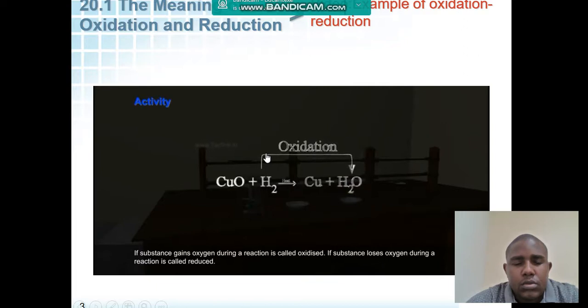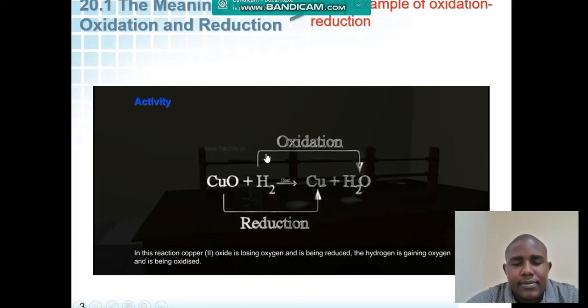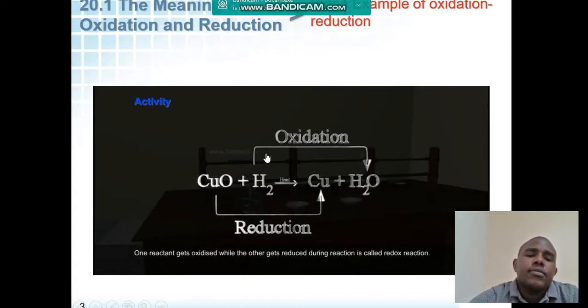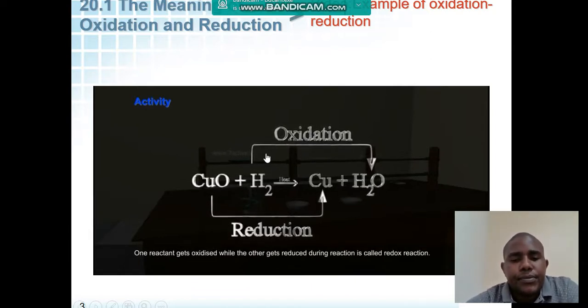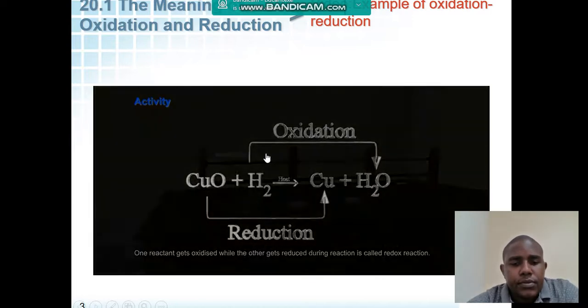If a substance loses oxygen during a reaction, it is called reduced. In this reaction, copper 2 oxide is losing oxygen and is being reduced. The hydrogen is gaining oxygen and is being oxidized. When one reactant gets oxidized while the other gets reduced during a reaction, it is called a redox reaction.